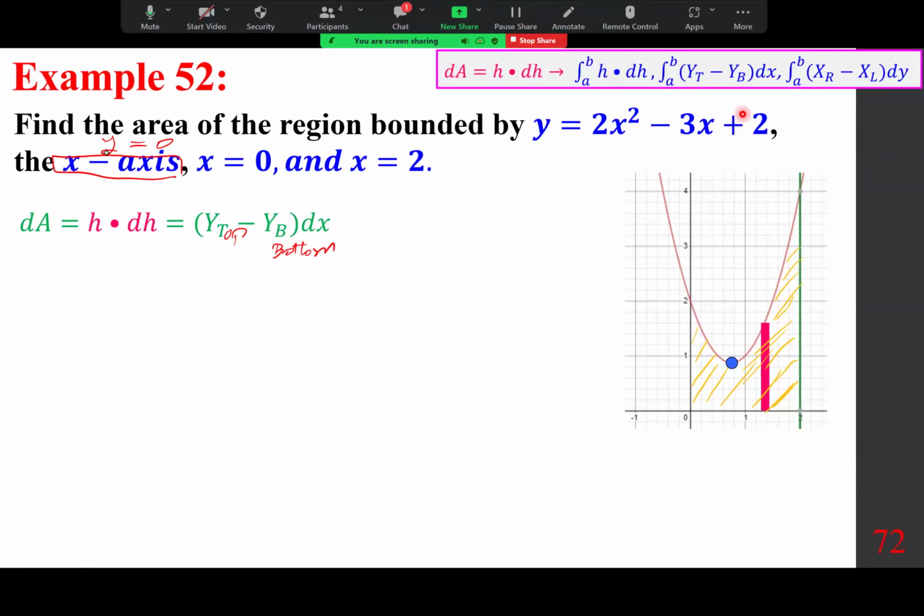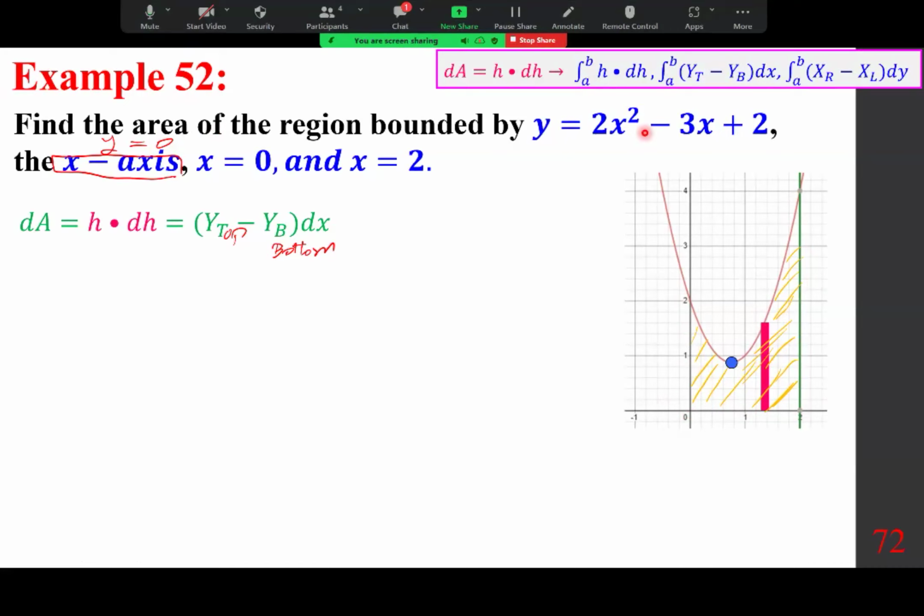So this one is the top, this one is the bottom. And this is the width, dH is dx or delta x. Now this rectangular strip, you go along the x-axis, you cover from where? From 0 all the way to 2. It covers the entire area.